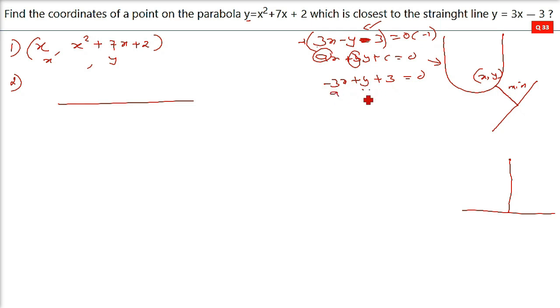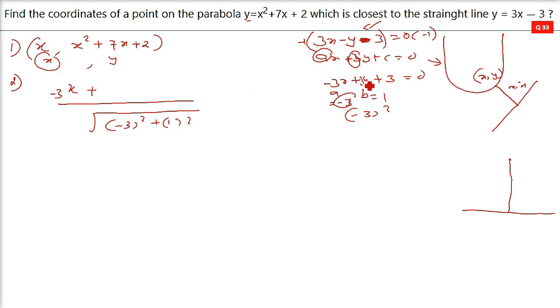So this a is negative 3, b is 1, and c is 3. Okay, so in the denominator, when we talk about the distance, it will be under root a square plus b square. I'm not writing the formula, just saying it, so you need to keep it in your mind. So we have negative 3 whole square plus 1 square. And now in the numerator it will be ax plus by plus c, and (x, y) has to be taken as the coordinate points from where the distance is being sought.